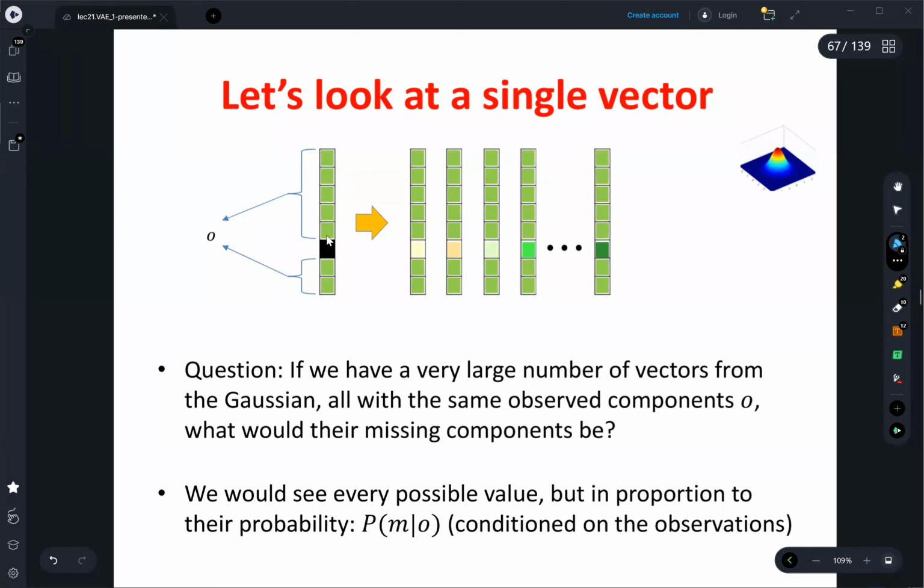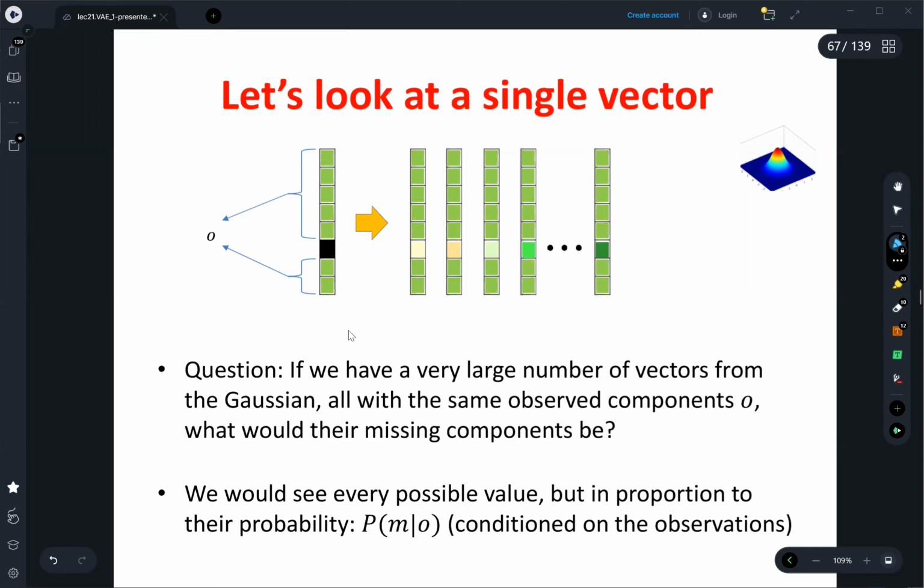So for example, over here, if I find that, given all the rest of the components, the value 7 is more probable than the value 3, then I'm going to make many copies of this, and I'm going to fill in 7 in some of these copies and 3 in some of these copies. And 7 is going to be filled in more frequently than 3.